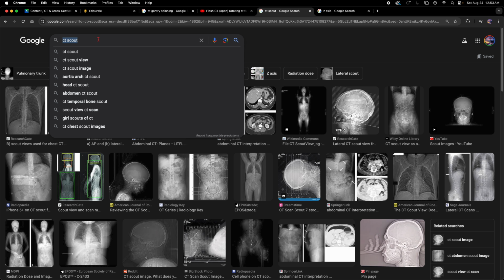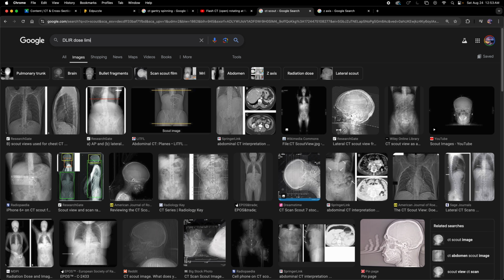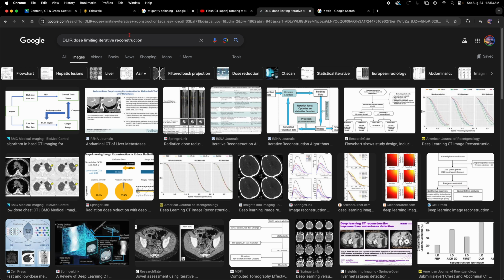And in some machines, they have what's called DLIR, dose limiting iterative reconstruction. I can't spell it, looks like. And so they would use that kind of stuff to lower the mAs, lower the kVp, and still get diagnostic images along the Z-axis of the patient, right? So that's basically what's happening.